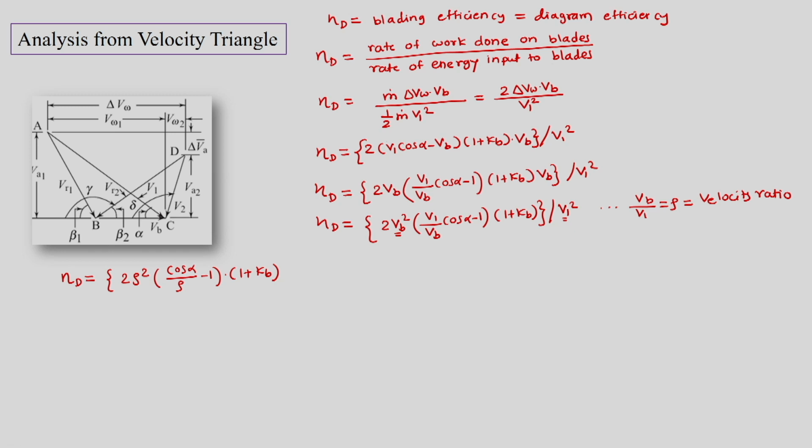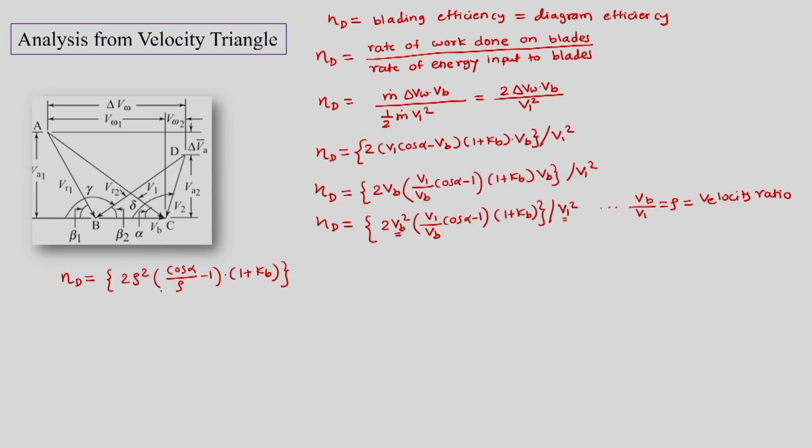So, this is our basic formula for diagram efficiency, which has rho or velocity ratio in it. Now, it is clear that for a frictionless blade it is just a function of alpha and rho, but alpha is our setting from the nozzle angle. So, mainly it depends upon rho.